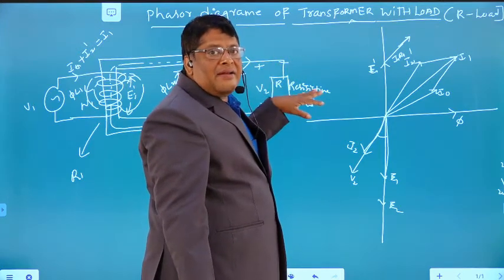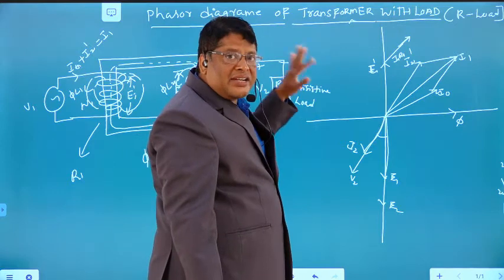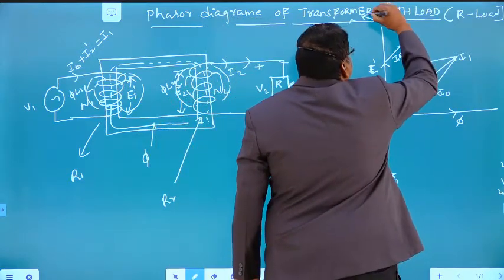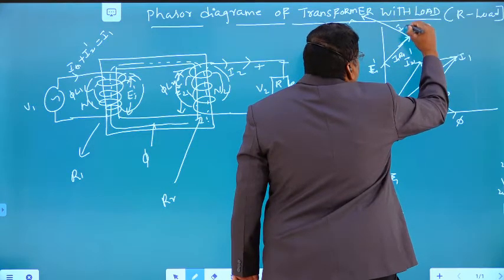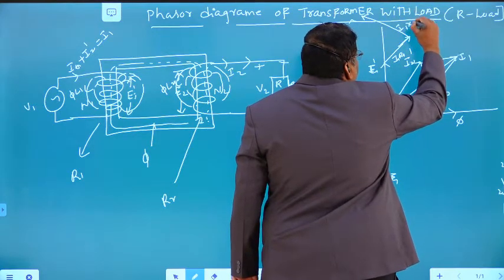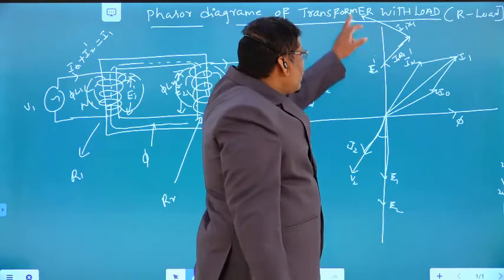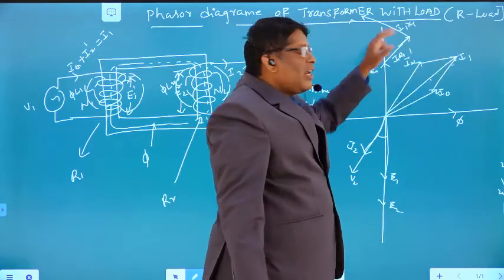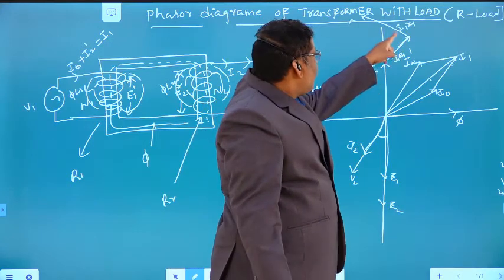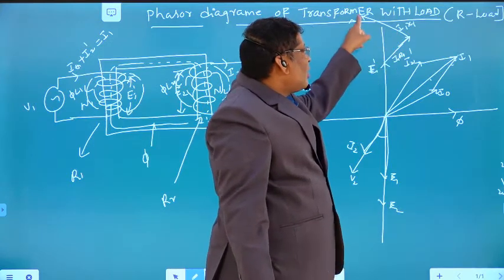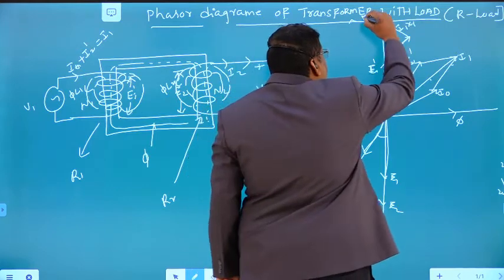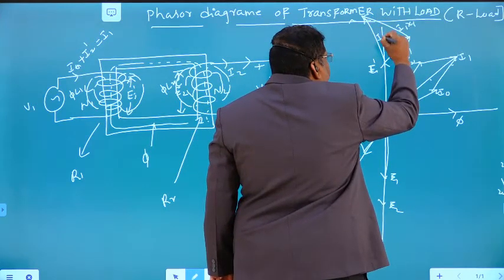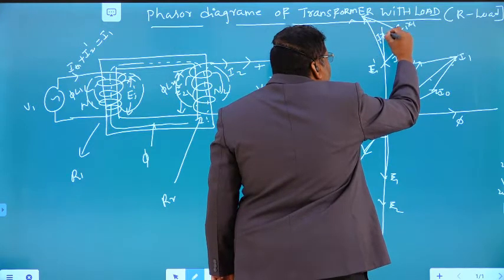In the same manner, the primary winding has a leakage reactance also. So perpendicular to this one, I have to draw I1 X1. How can you draw this? We already know the magnitude of I1, that's why you can draw I1 X1 also. Perpendicular to I1 R1, you have to draw I1 X1. Now we have to find the phasor sum of these two. This is I1 Z1.